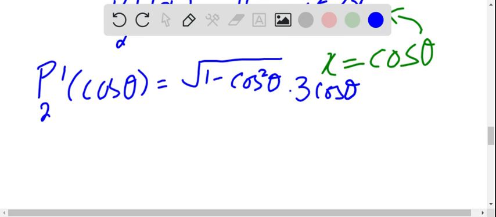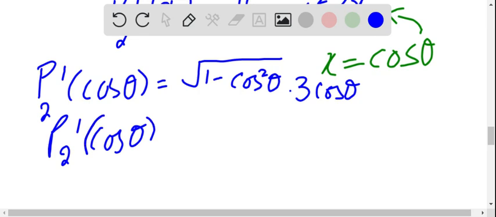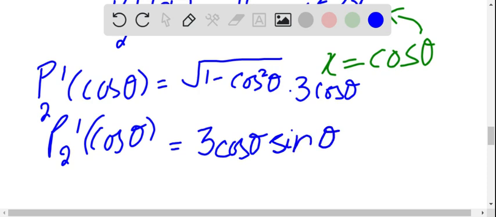After algebraically manipulating it, we will get p sub 2 raised to power 1 of cos theta is equal to 3 cos theta sine theta, right?